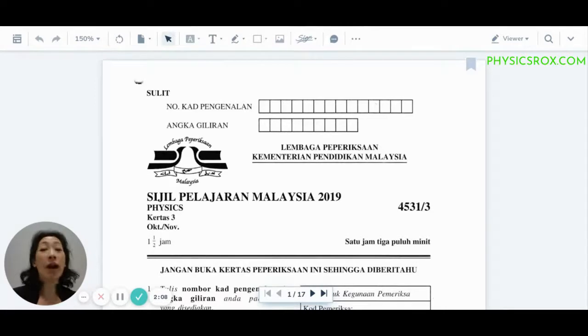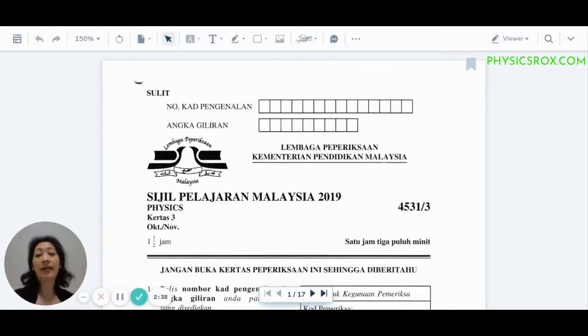So no matter what your level is, whether you're already an A plus student, or a student who's just struggling to at least pass, you should focus on paper 3 in order to maximize the marks that you can get. Because paper 3 is the easiest paper to score. All you need to do is make sure that you answer based on the format that is required of you. So without further ado, let's get started.